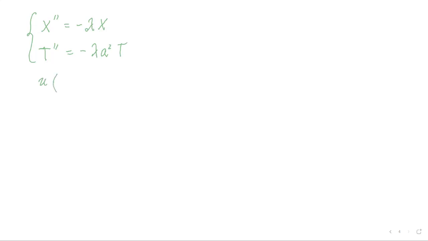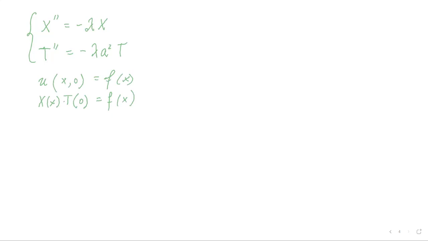I'm going to start with my time initial conditions. U of x, 0, the initial stretch of the string, was equal to f of x, right? Because u now is represented as X of x and T of t, and here t is going to be 0, I'm supposed to have f of x here.